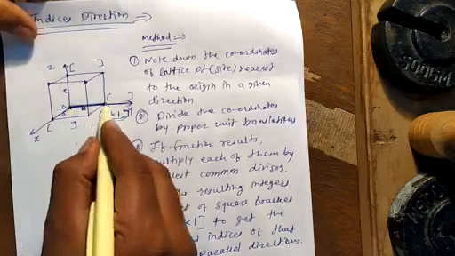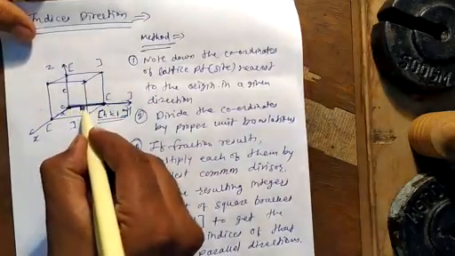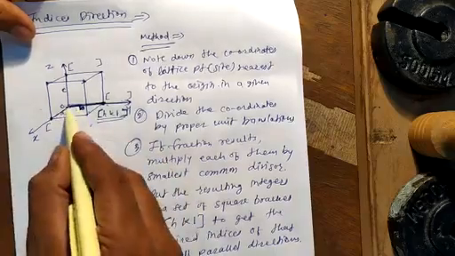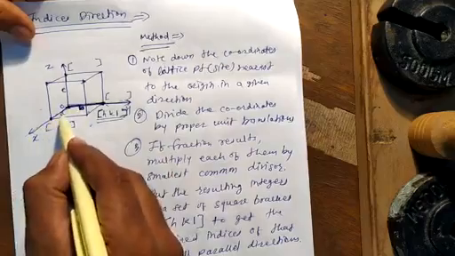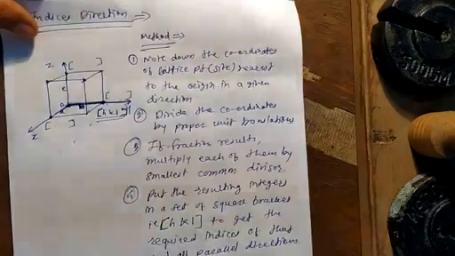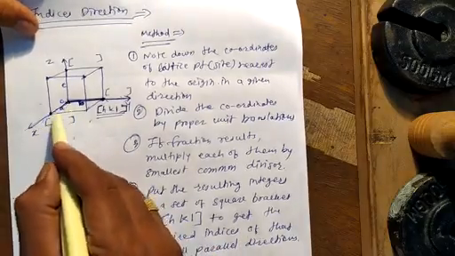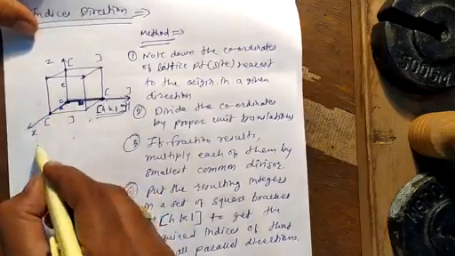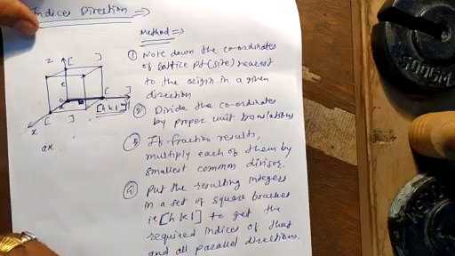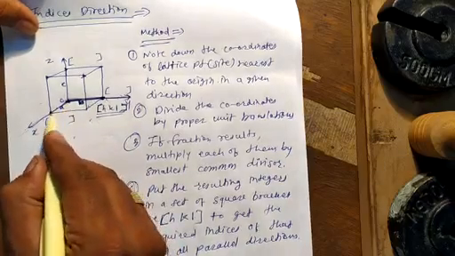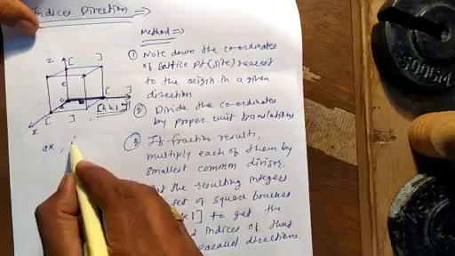In this direction, this point is at a distance, suppose this is the lattice point. The lattice parameter here is a, and therefore it is along the x-axis. Suppose along the x-axis it is at distance ax. Along the y-axis it is at distance by.